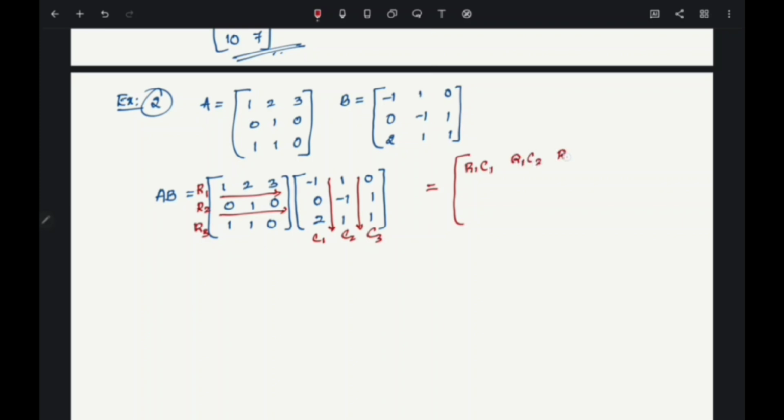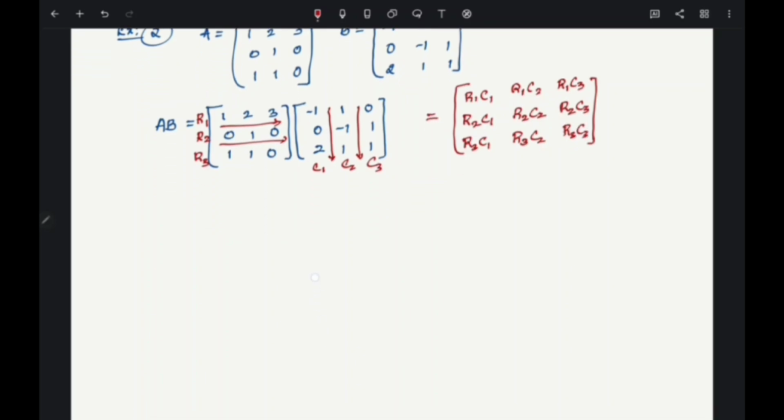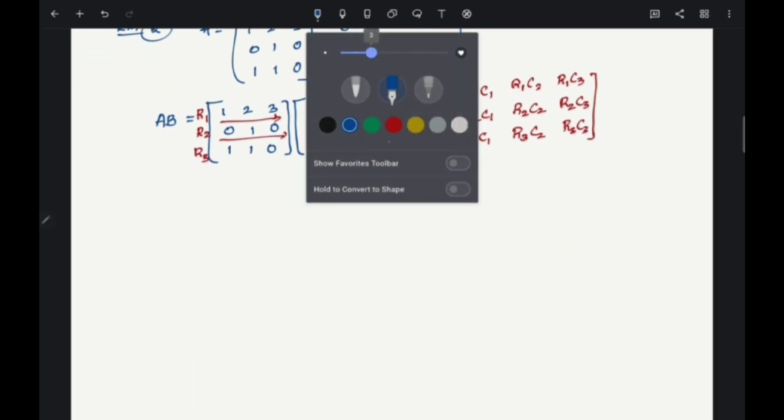In a similar manner, you will get R1 C3. If row 1 is completed, then move to row 2, that is R2 C1, R2 C2, R2 C3. If row 2 is also completed, next move on to the next row, that is R3 C1, R3 C2 and last is R3 C3. So let's multiply these matrices one by one.